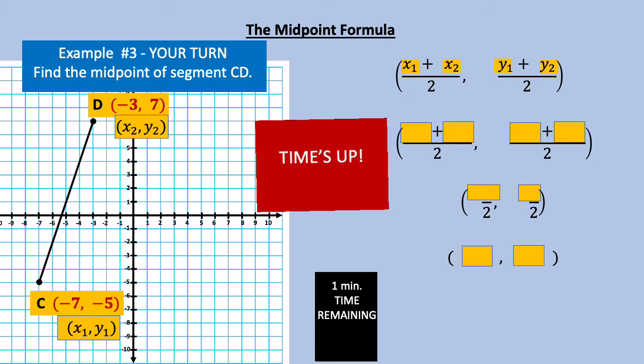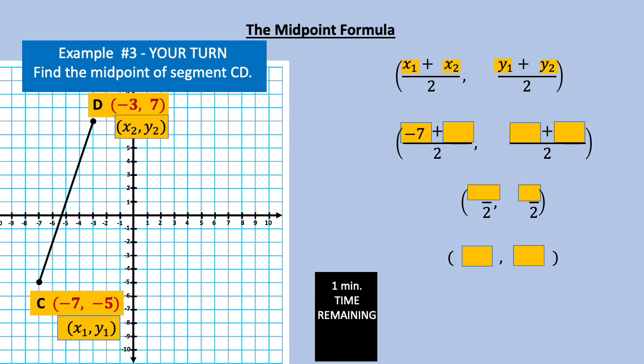Time's up. Let's check to see if you got the right answer. Okay, so when we substitute the corresponding values into the formula, you'll have -7 plus -3 divided by 2 and -5 plus 7 divided by 2. Simplifying that will give us -10 over 2 and +2 over 2.